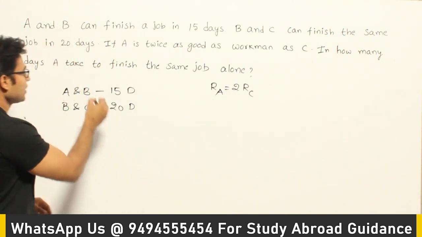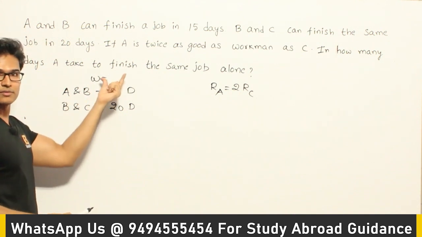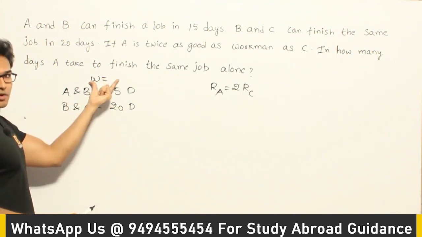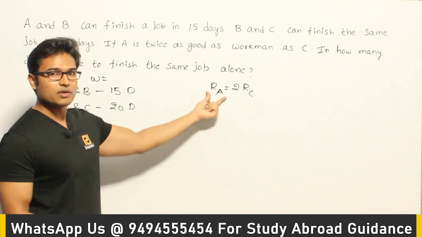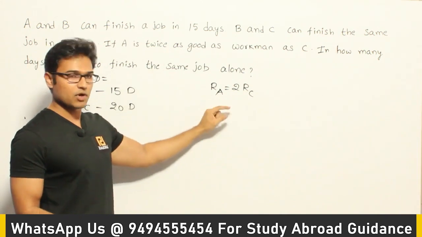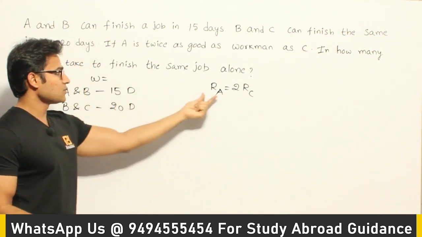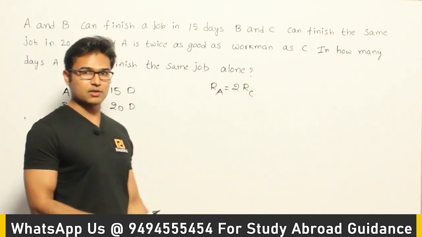So let us assume that the work is some number, so that the final answer will not depend on it. Whatever work you assume, the rate is going to change accordingly, and therefore the final answer will not change.